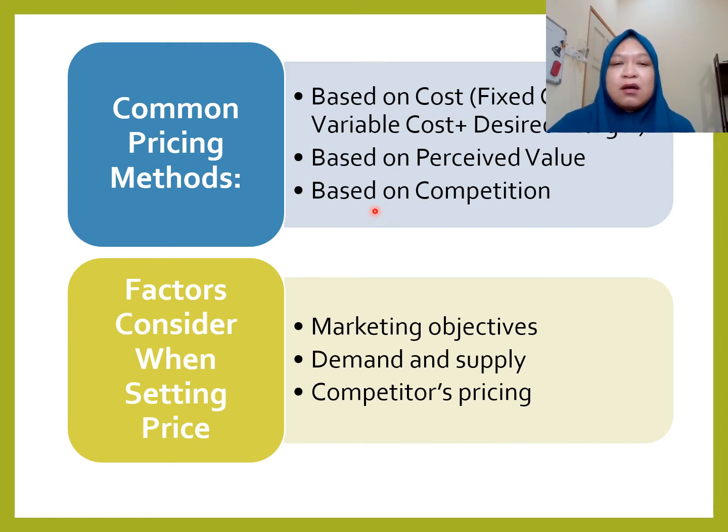Or you set your price based on competition, meaning that all your competitors set the same price, so you decide to follow, whether you set the same price, a little bit cheaper, or a little bit higher.